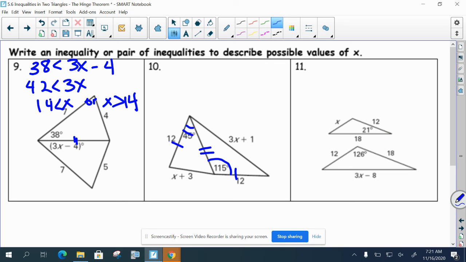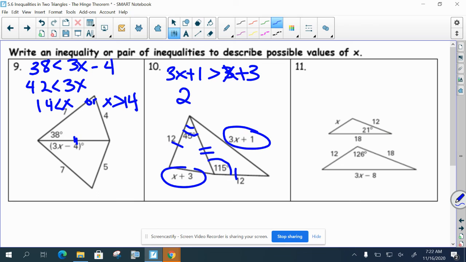Sorry, I was getting confused at first. And then the inequality that we'd create is that this is greater than this one, because this angle is greater than that one. So 3x plus 1 greater than x plus 3. Okay, so rearrange your equation. 2x equals 2, x equals 1.